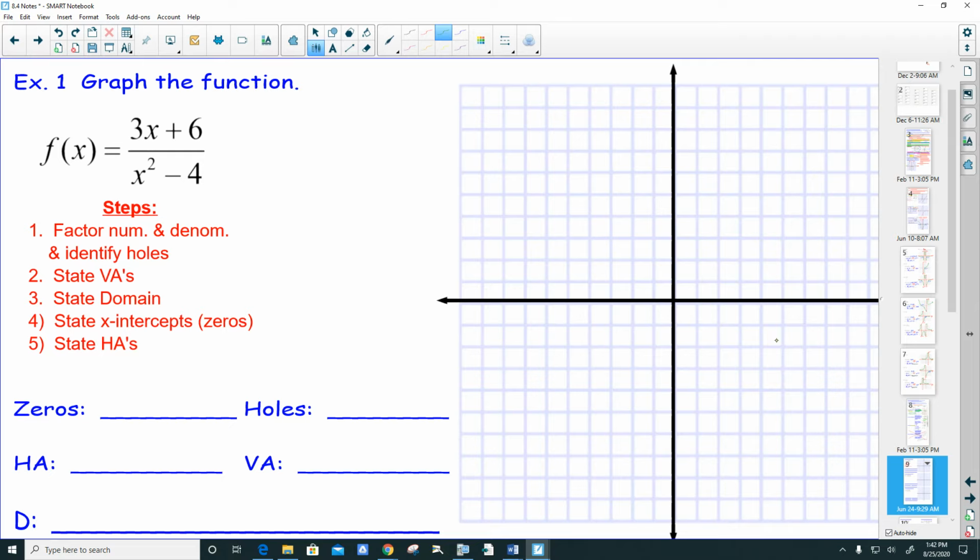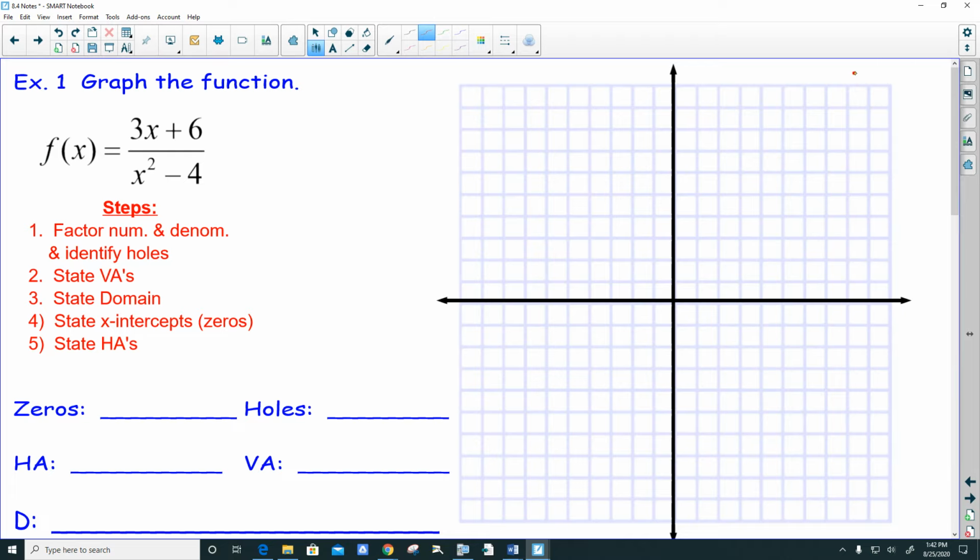Okay, so let's just try a few of these here from start to finish and see if we're okay with just adding in this new element here of finding the holes, if you will. All right, so our first step, I kind of summarized the steps, and I think the order that I have these steps in is a really nice order to go through this. It's not necessarily the order that the blanks are in off to the side, but I think this is the most efficient way to run through these problems here.